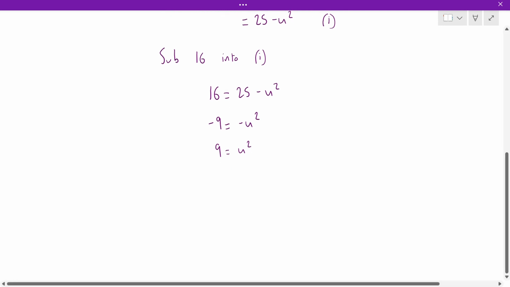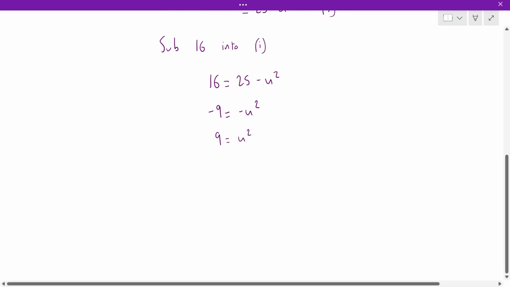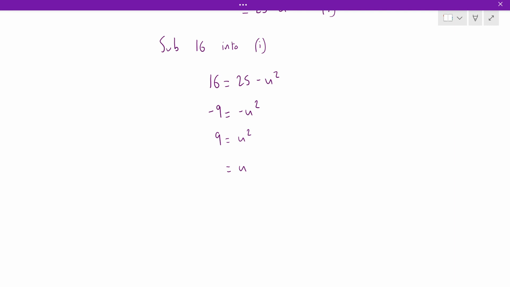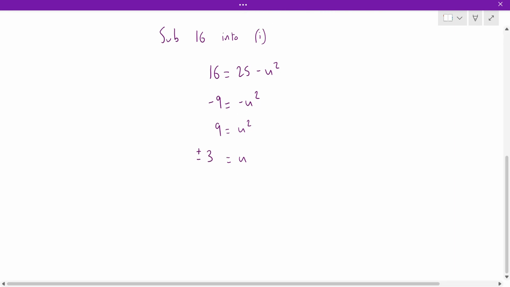Now let's take the square root of both sides. The square root of u squared is u. And the square root of 9: 3 times 3 is 9, but also negative 3 times negative 3 is 9. So on the left-hand side we're going to have positive and negative 3.